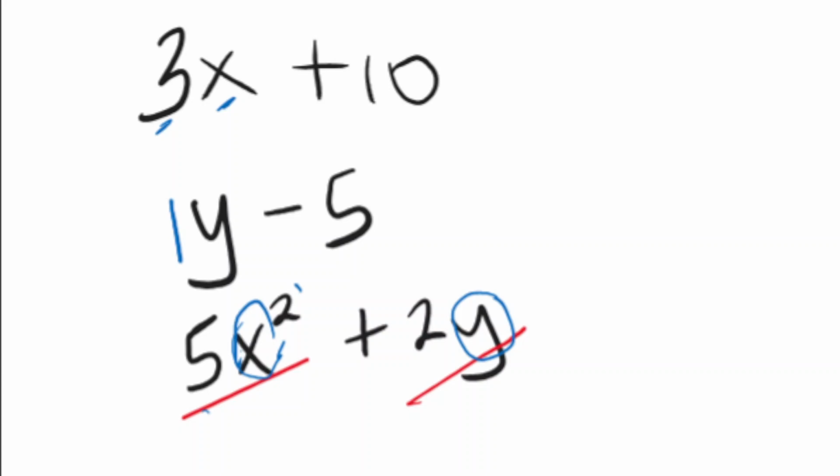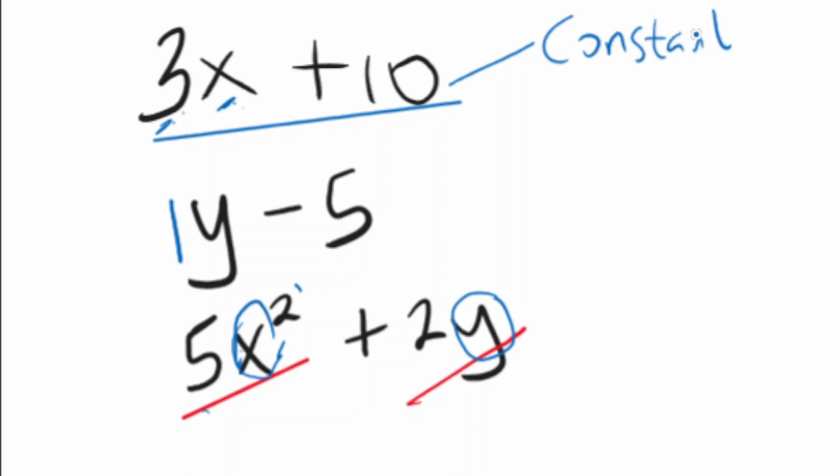Take 3x plus 10 as an example. 3 is a number, 10 is also a number, but the x here is the variable. The 3 and the x together make one term. But the 10 has no variable, so we say that the 10 is a constant, because it is only a fixed numerical value.